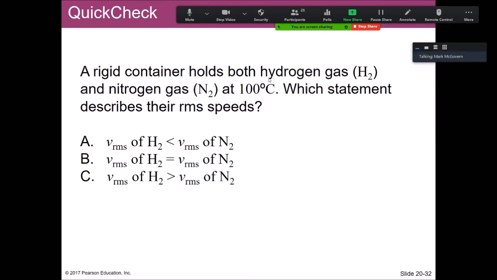C's, great. Okay, so the concept is this: hydrogen weighs less, right? That's it. Hydrogen weighs less, so you should expect it to go faster for a given temperature. But mathematically, let's go back.